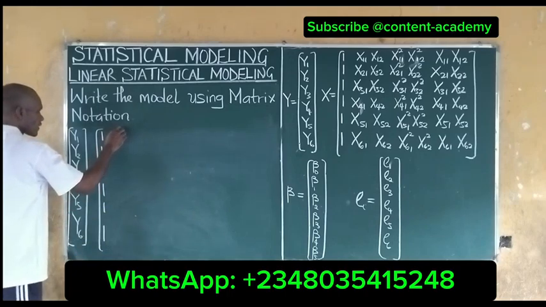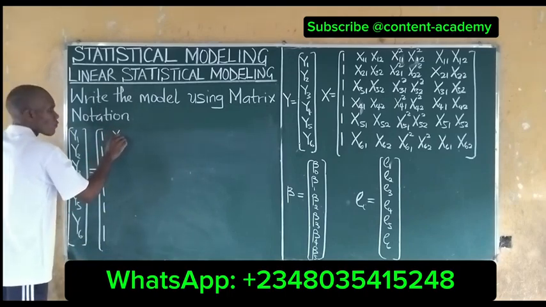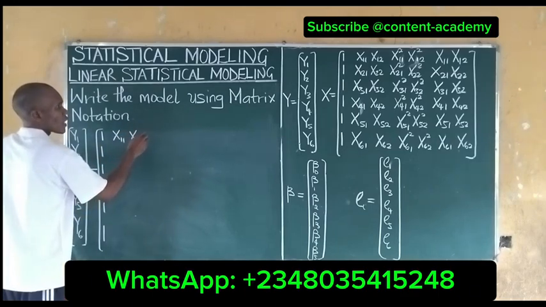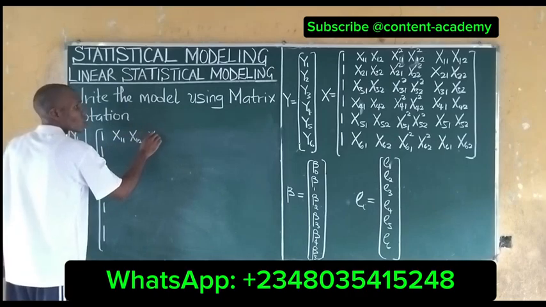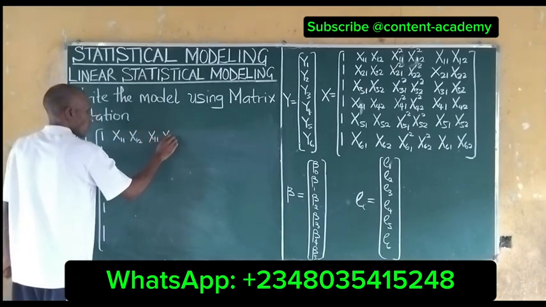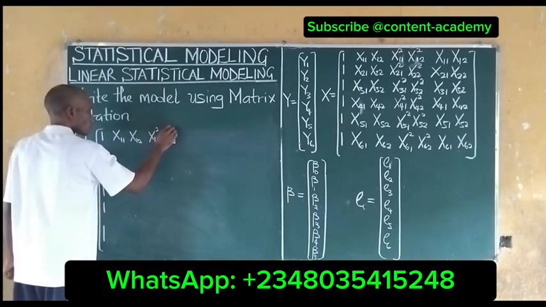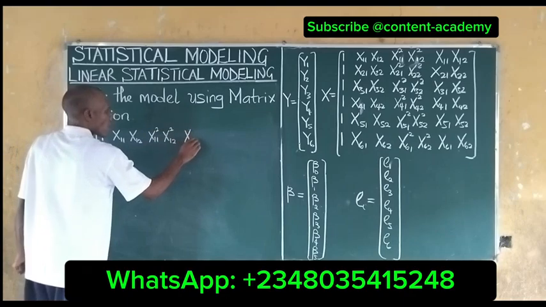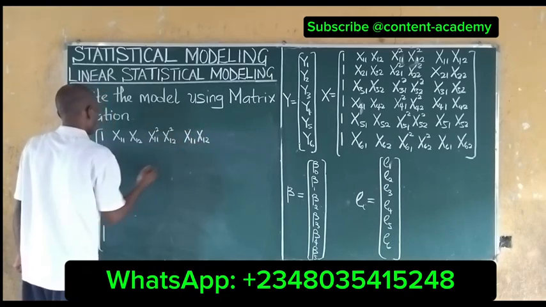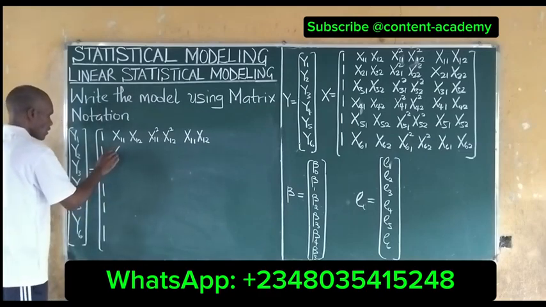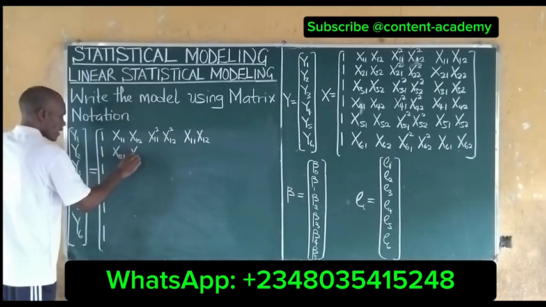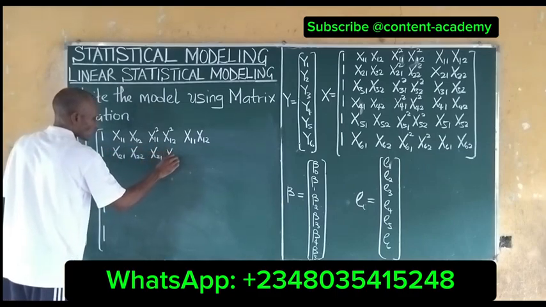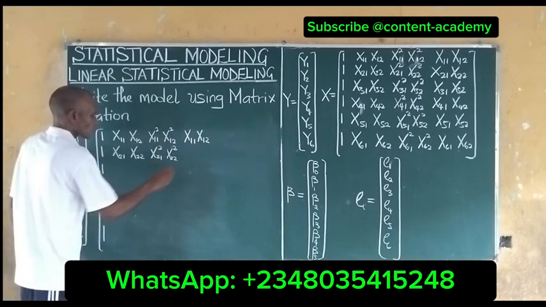We can now write x11, x12, then x11, x12. This is square, this is square. Then x11, x12 from the model given. x21, x22, x21, x22, and we put our square.